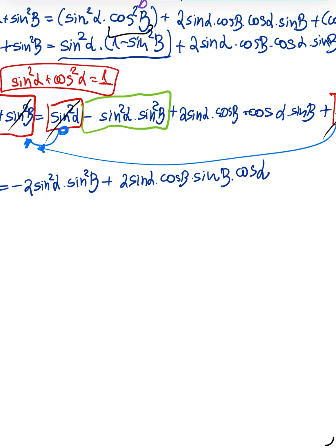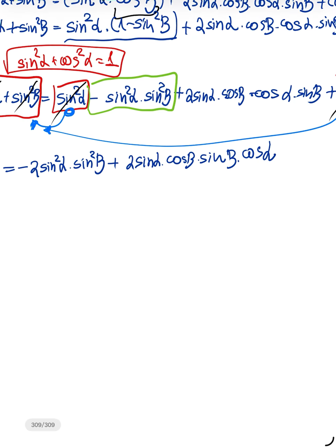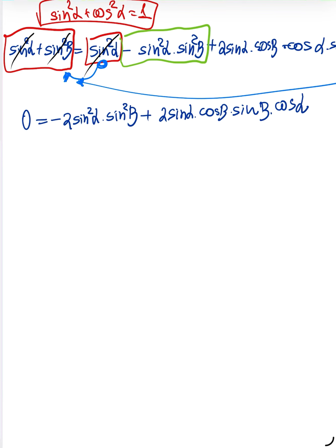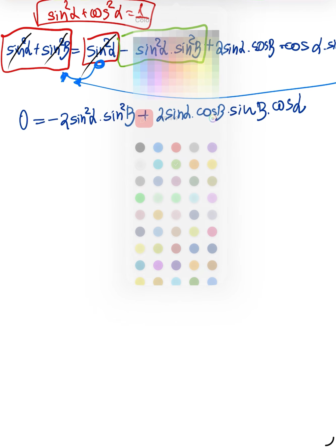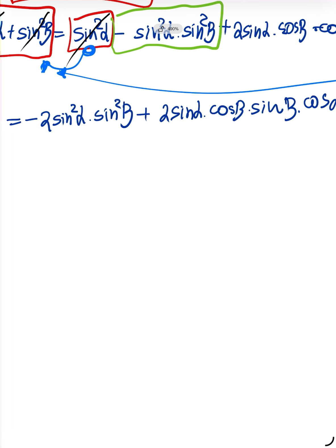The next thing that we can do here is actually to choose a common multiple, and the common multiple is 2 times sinus alpha times sinus beta.